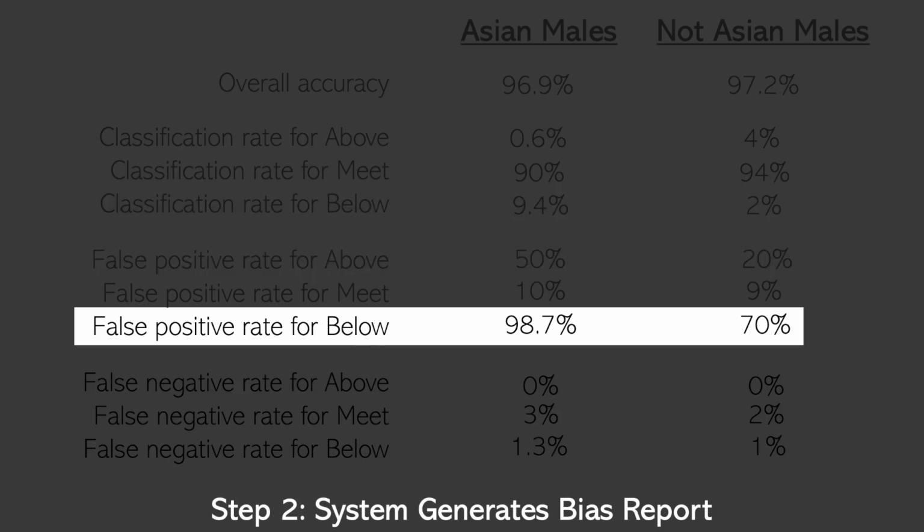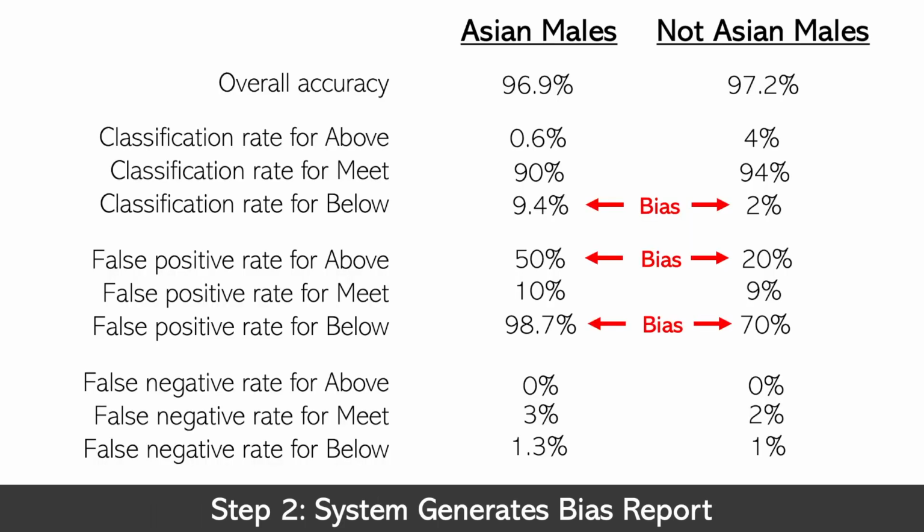For example, the false positive rate for below is pretty high. It means that the model tends to misclassify Asian males as below more frequently. So the model reports the performance measures along with the potential biases for each demographic group. And as a recruiter, you can review the bias reports to determine what are the important biases in your model and what are not.